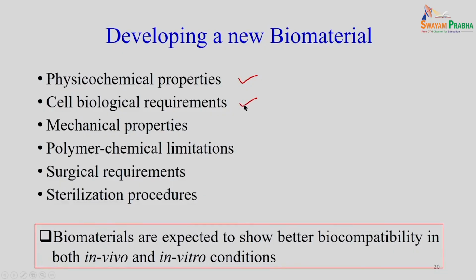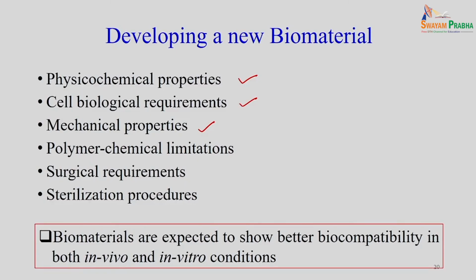Then the cell biological requirement: which cell types, and for which application you are developing that material. If you are developing for bone, for drug delivery, or for a heart valve, we have to see what the requirement is.